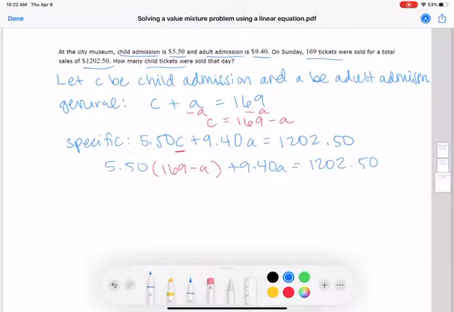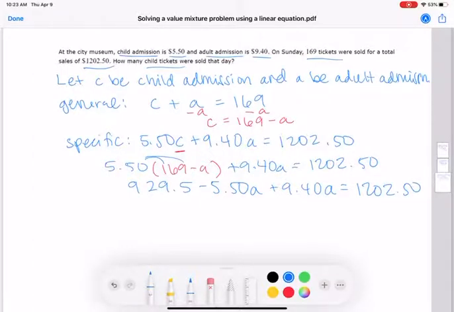Okay, so now we just want to go ahead and solve this. So I'll distribute the 5.5 in here. And when I do that, I get 929.5 minus 5.50a plus, just bring down that 9.40a equals that total.